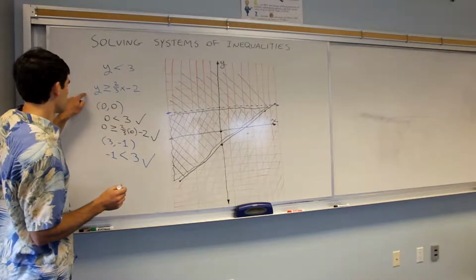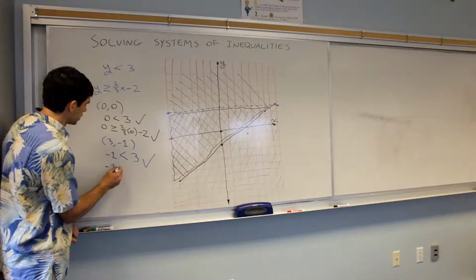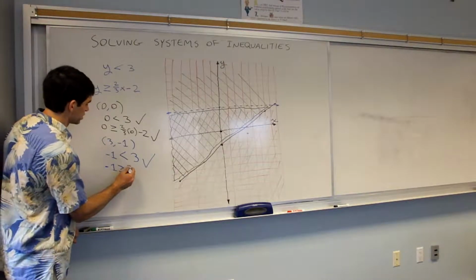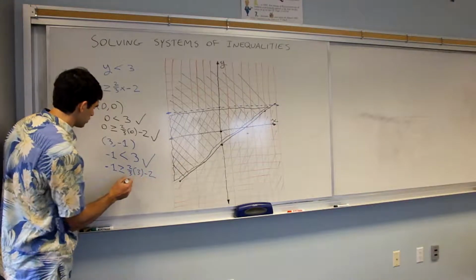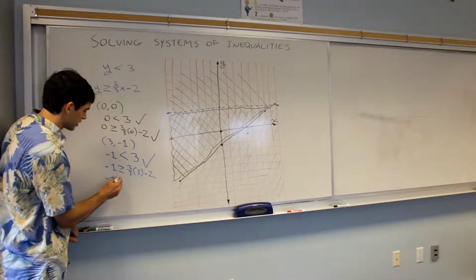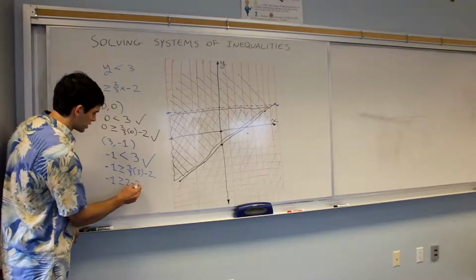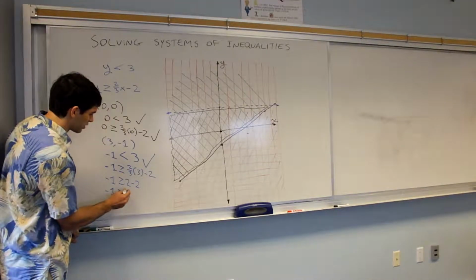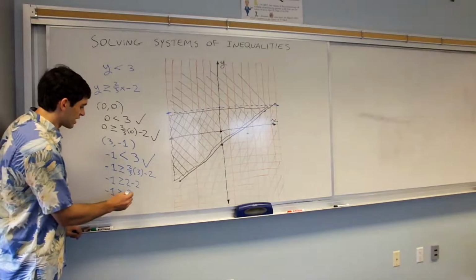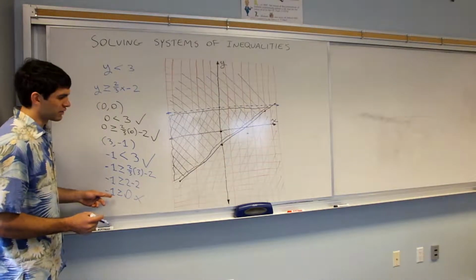For our second equation, we have y is equal to -1, which is greater than or equal to 2/3 times 3 minus 2. If we simplify that, we get -1 is greater than or equal to 2 minus 2. And we get -1 is greater than or equal to 0. And that is not true. 0 is greater than -1.